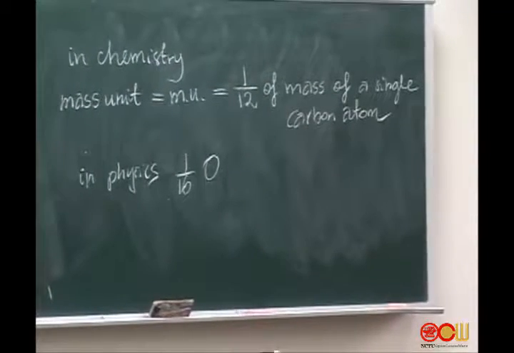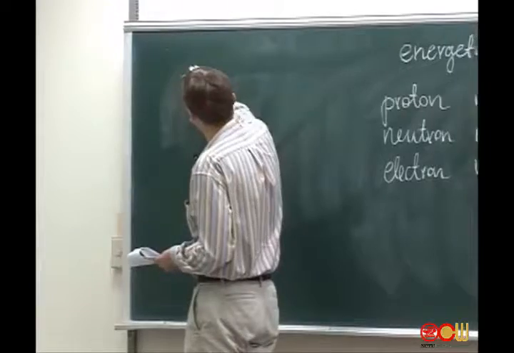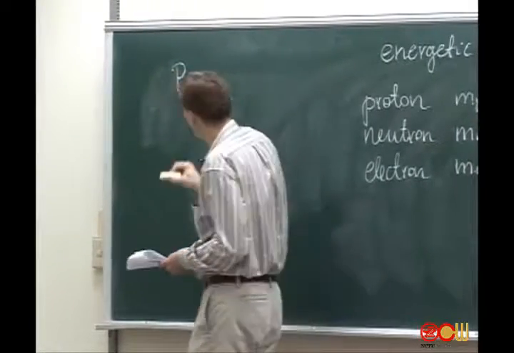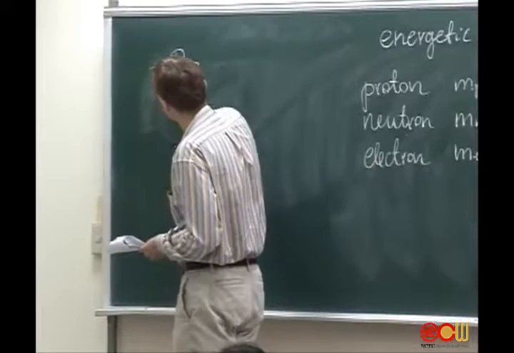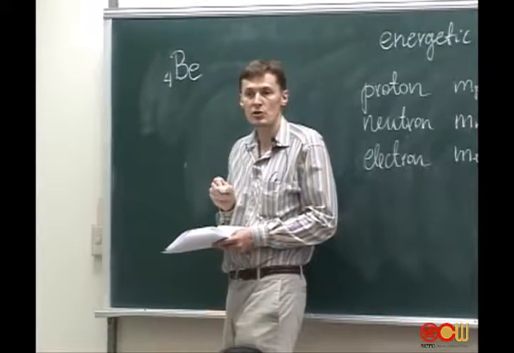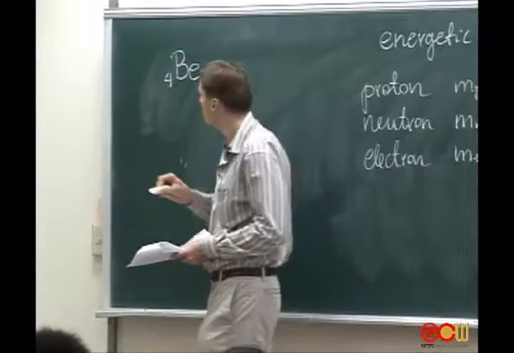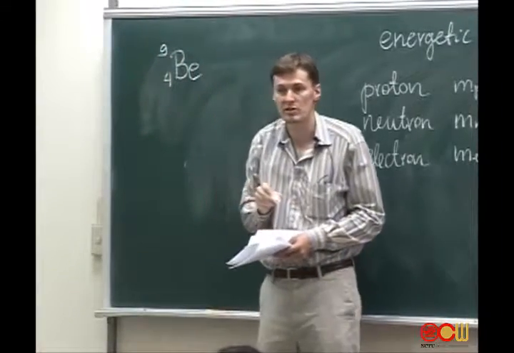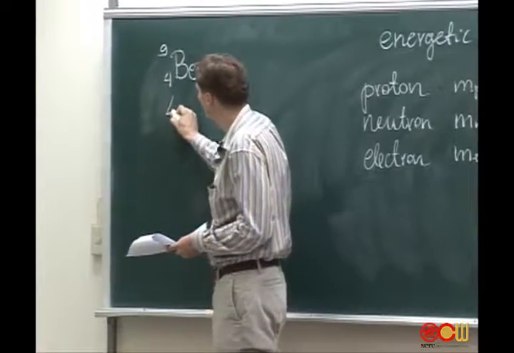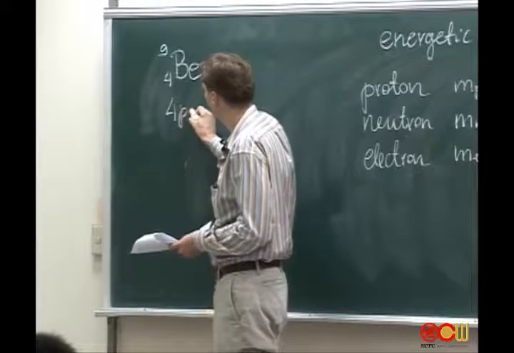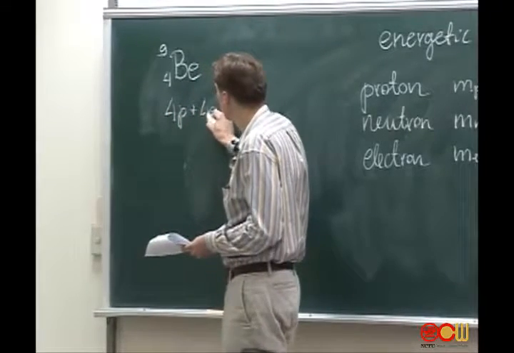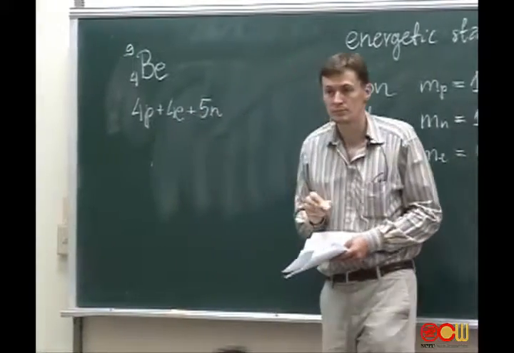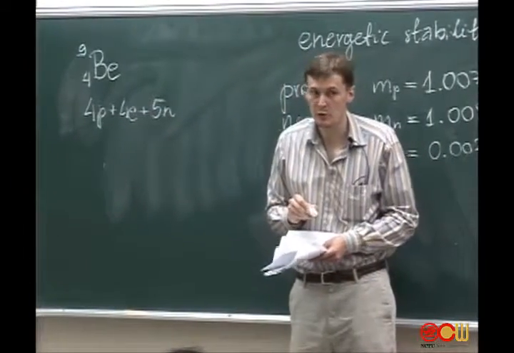So let's take an atom. The atom would be beryllium atom. Beryllium atom has 4 electrons and 4 protons. But the atomic mass, the mass number, is 9. It means there are 4 protons, 4 electrons, and 5 neutrons inside beryllium atom.